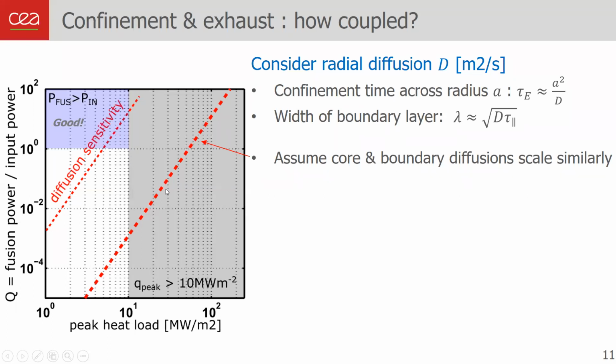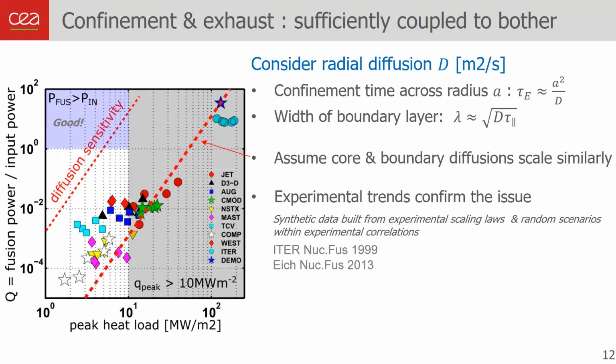So, of course, this is very simplistic, because if you, for instance, want to scale current machines to reactors, it's not only magnetic field and plasma current, it's changing the size, and the power is also changing. So overlapping experimental points on this might be a bit misleading, but let's see.